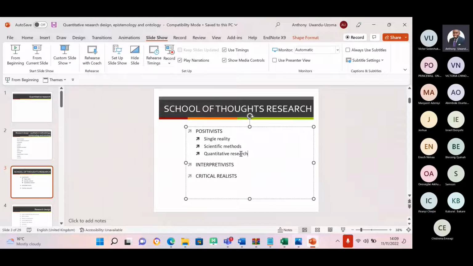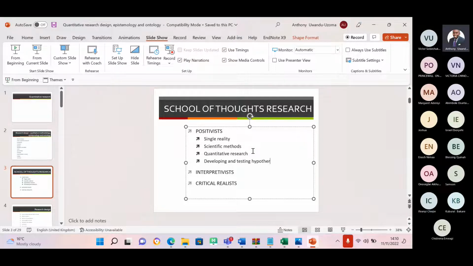They believe in using hypotheses, that reality can be ascertained only through developing hypotheses and then testing them. So you develop a hypothesis and then you test it, to see if it's true.